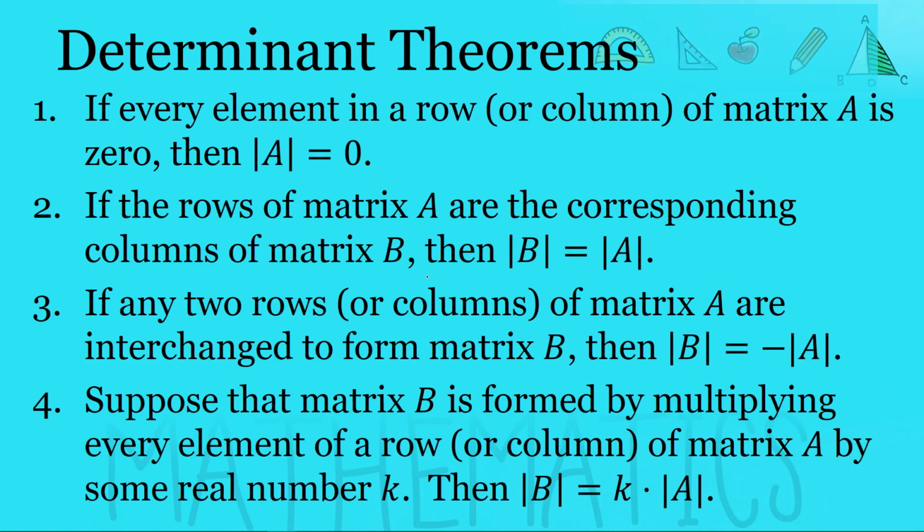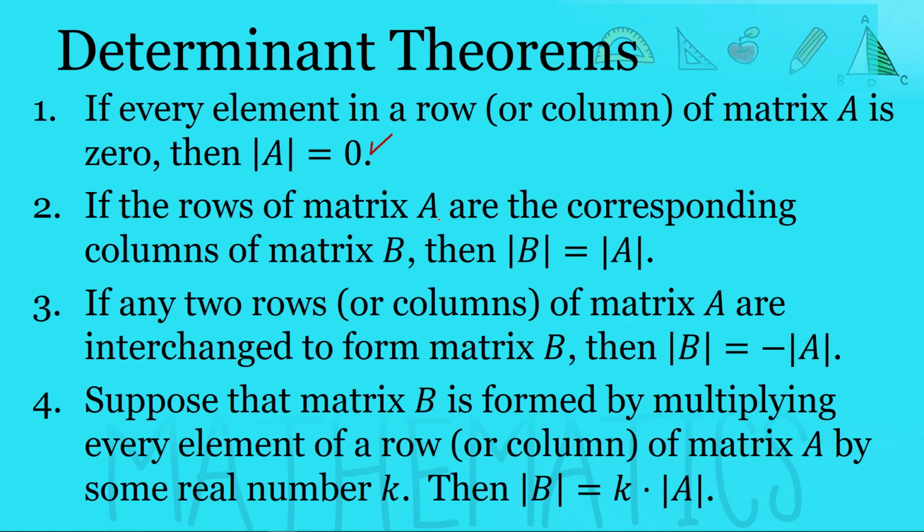And this brings us to determinant theorems. We have a total of 7, and these could be pretty useful depending upon what it is we need to do. This one right here is very useful. If every element in a row or a column of a particular matrix is 0, then its determinant is 0.